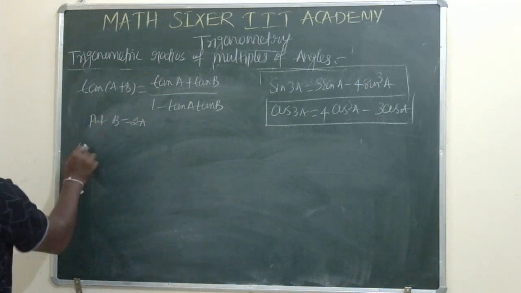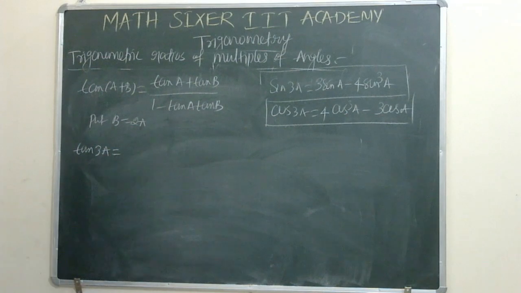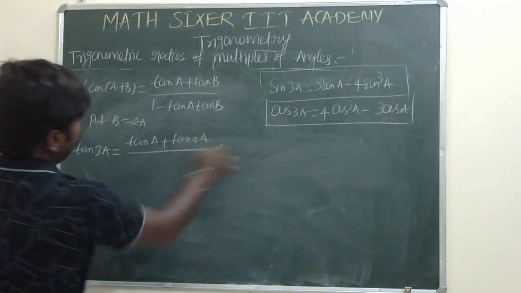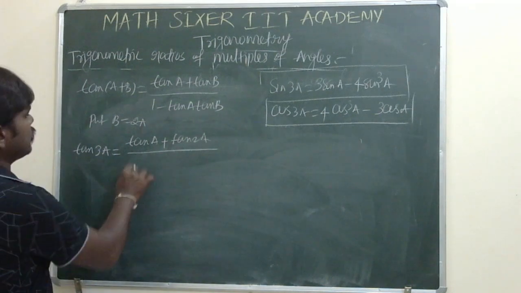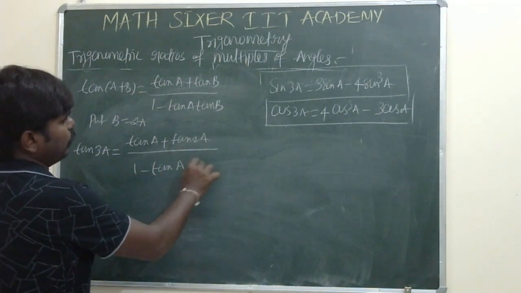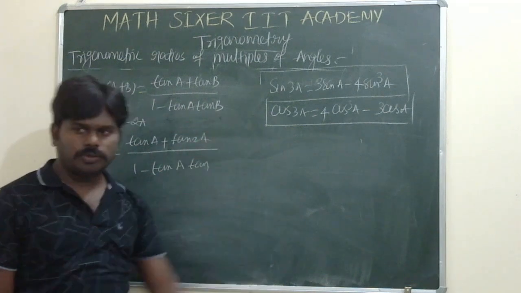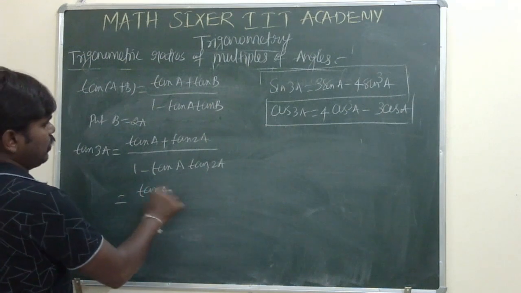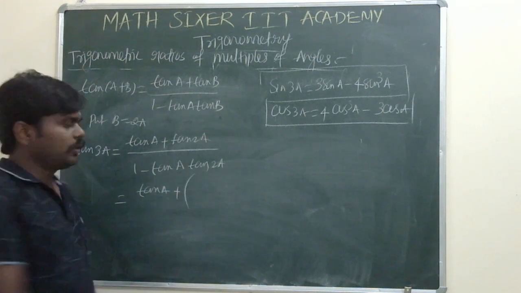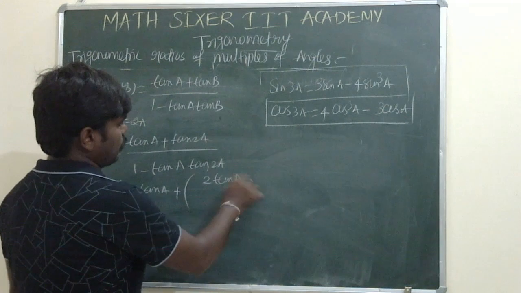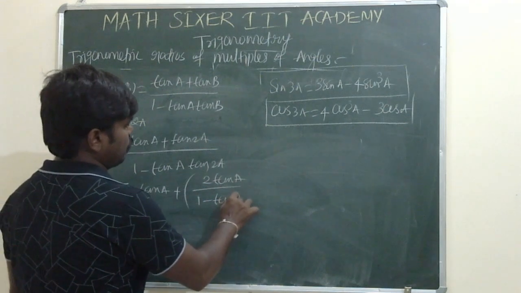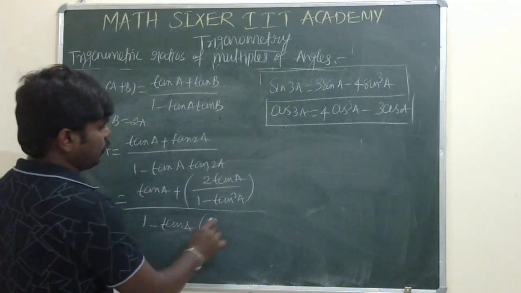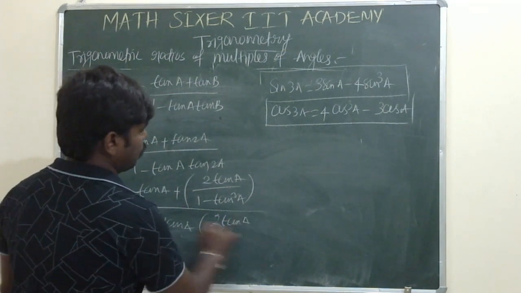Then we will get tan 3a is equal to tan a plus tan 2a divided by 1 minus tan a into tan 2a, and here we have to substitute 2a. So tan a plus tan 2a, where the formula for tan 2a is 2 tan a by 1 minus tan square a, divided by 1 minus tan a into 2 tan a by 1 minus tan square a.